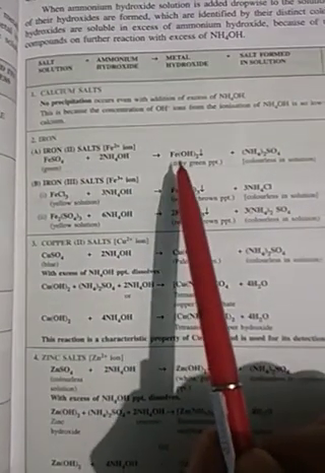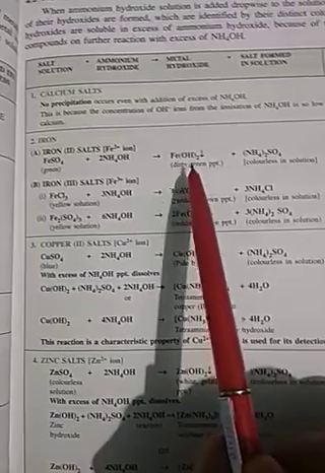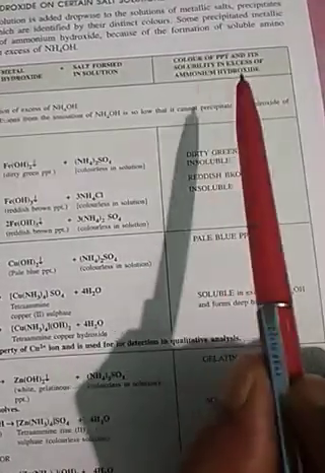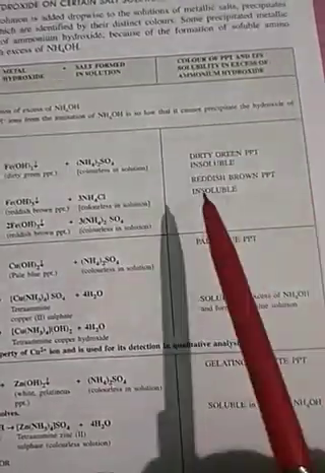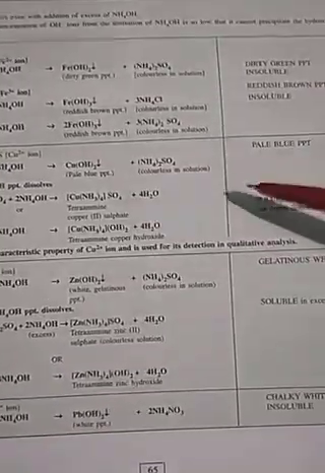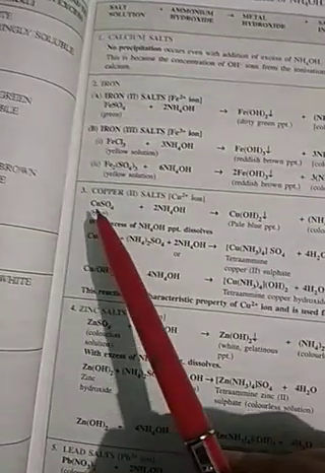See here, just like sodium hydroxide, this iron salt forms ferrous hydroxide, a dirty green precipitate, but when excess ammonium hydroxide is added, this remains insoluble. Similarly, see once again here, copper sulfate.